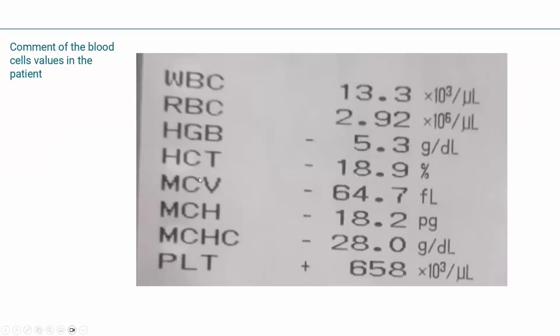Mean corpuscular volume is usually about the size of the red blood cells, and should be around 80 to 100, I think, I guess. I'm not a hematologist, but I'm trying my best. So I think this is low, and these are other values also for blood.